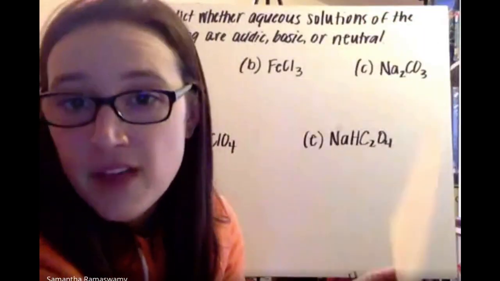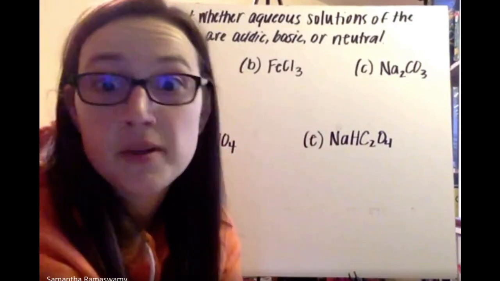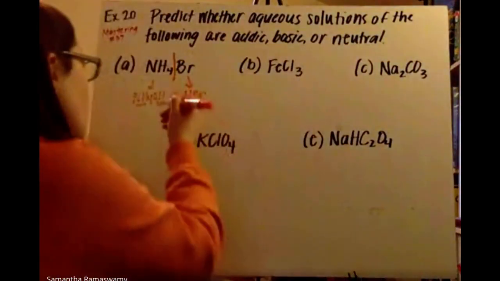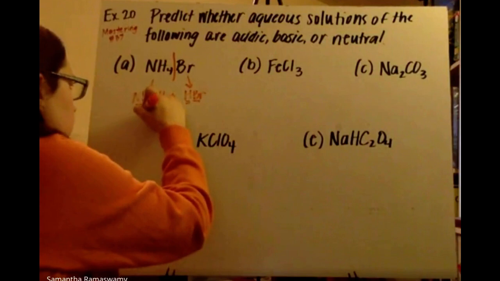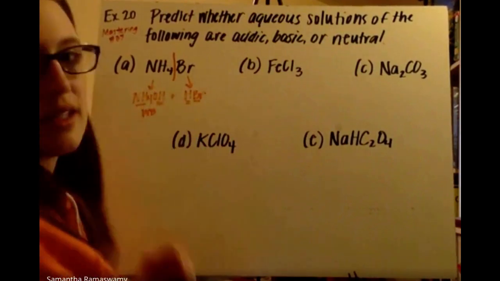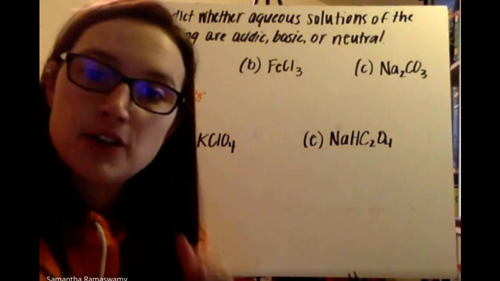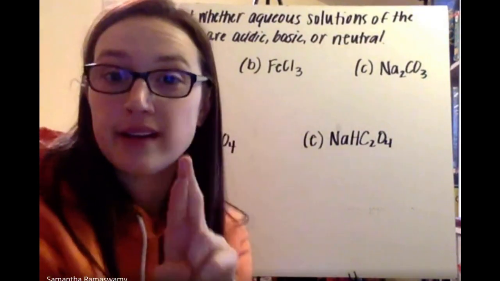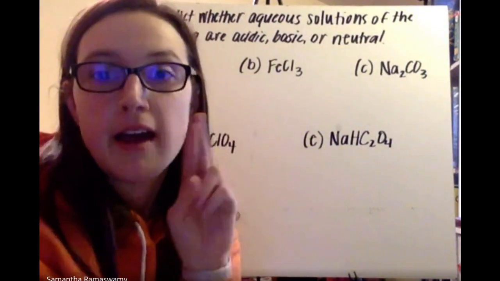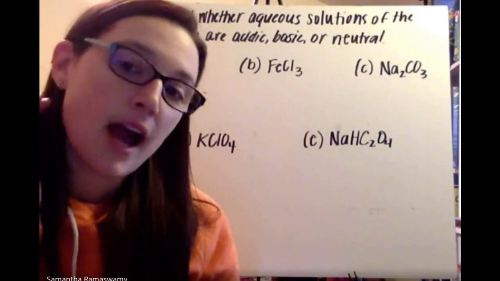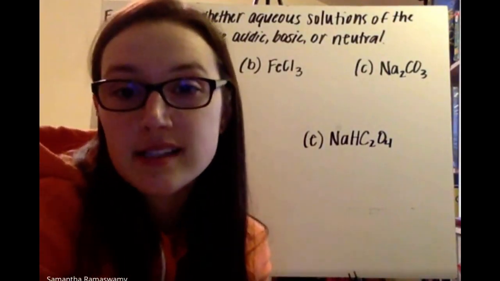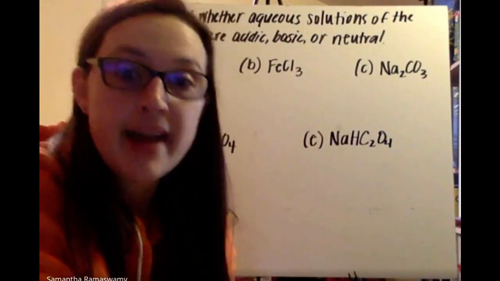NH4 is not part of that group, so it's not a strong base. So NH4OH is a weak base. If NH4OH is a weak base, those pairings still hold true, and that means that NH4+ will be a weak acid.